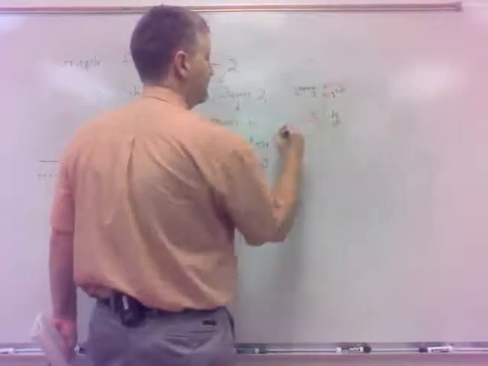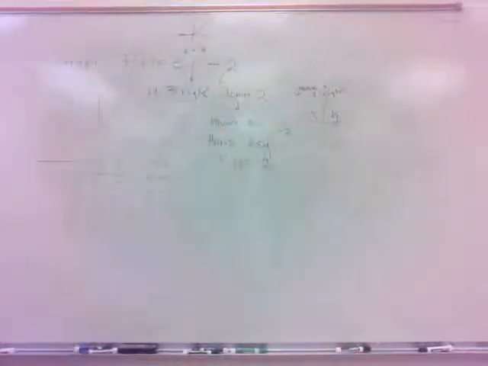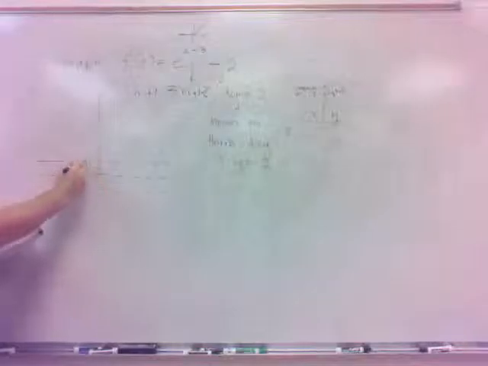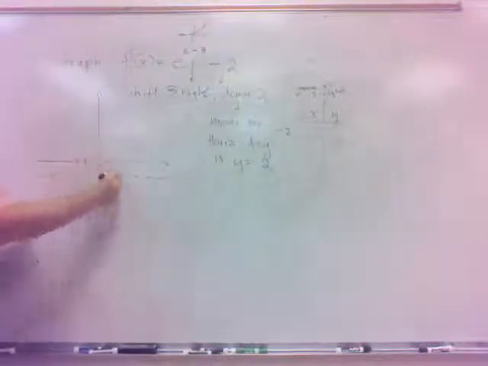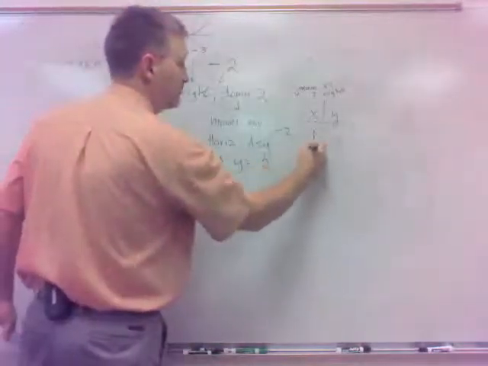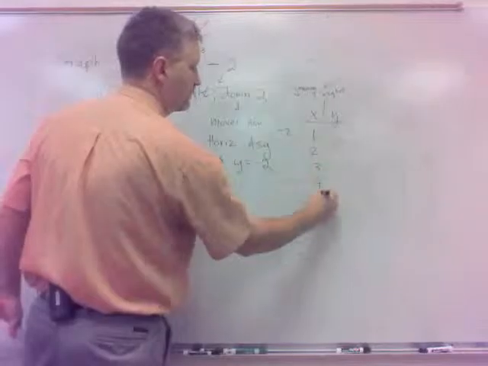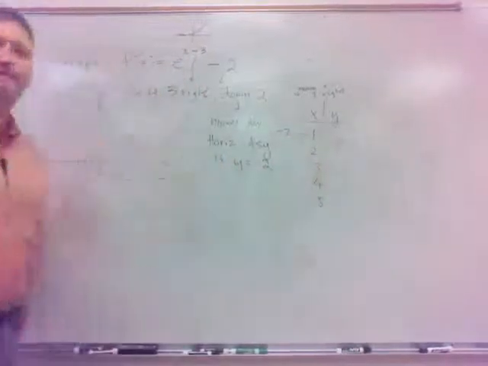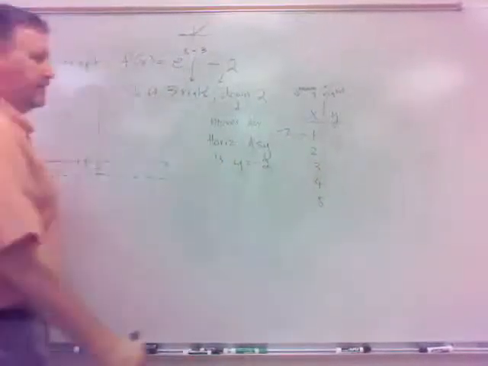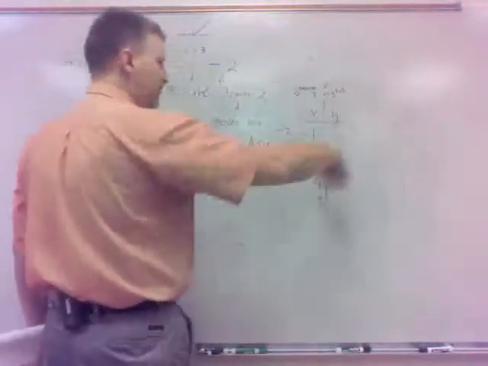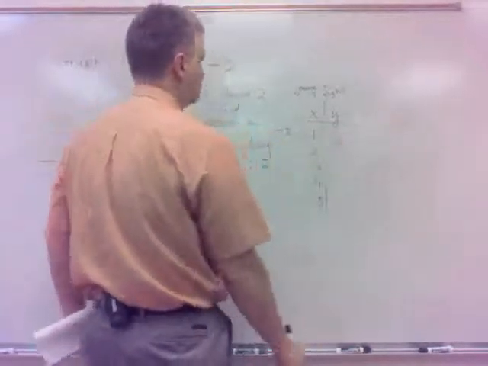Instead of negative 2, if I go 3 to the right from that, where would that be? 1, 2, 3, at 1. So let's start at 1 and then go 2, 3, 4, 5. You with me? Shift those 3. That'll help out a little bit. You can do the others, but that would be a pretty good suggestion, I think.